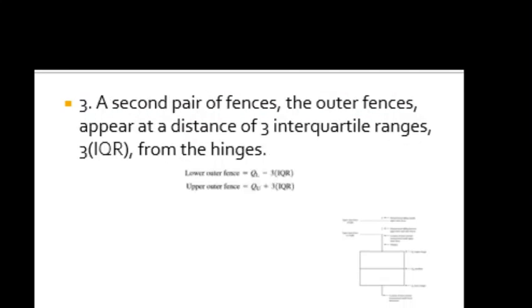Okay. Then we make another pair of fences, which is at 3 times IQR. So this is the lower outer fence and the upper outer fence. So QL minus 3 times IQR and QU plus 3 times IQR. So this gives us the 2 fences. So this is what a typical box plot looks like.